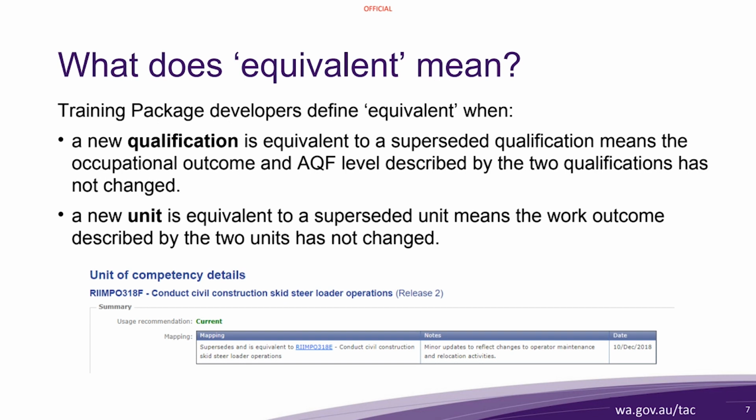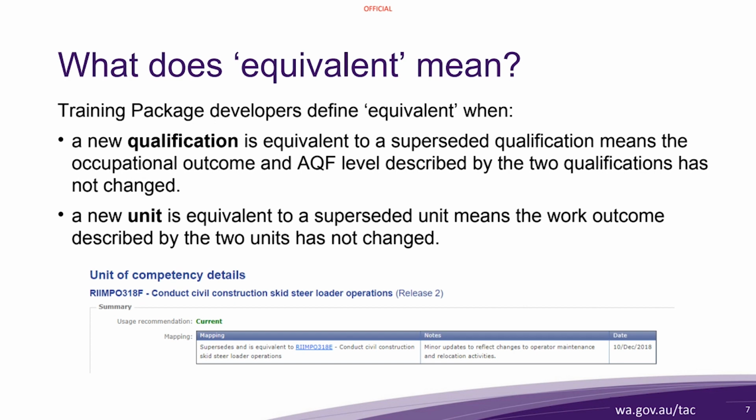So fundamentally, it's saying two qualifications will be equivalent if the work outcomes of the two qualifications are precisely the same. And that, of course, relates to the content made up of units of competency and the AQF level of the qualification itself.